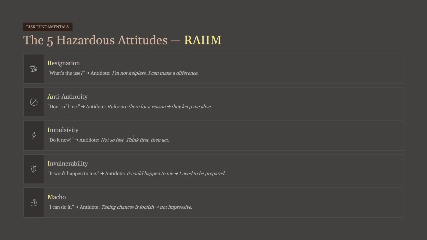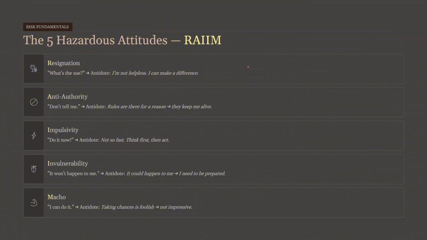Invulnerability is the mindset, it won't happen to me. For example, continuing a flight into bad weather, assuming nothing will go wrong. And last, macho is trying to prove something. For example, taking unnecessary risks to show confidence or skill. Each of these attitudes can lead to poor decision making.